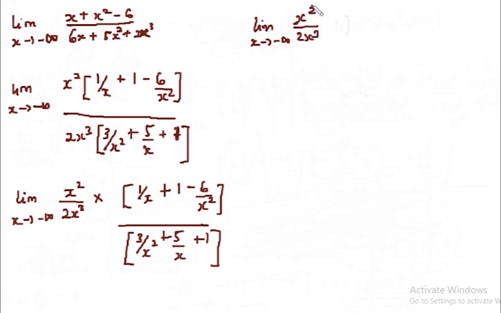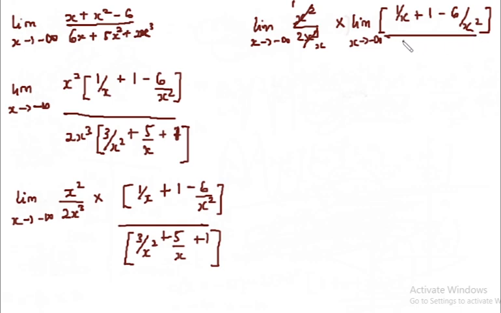I can break this down. This is 1, and then this is x, times the limits as x approaches negative infinity of 1 over x plus 1 minus 6 over x squared, divided by 3 over x squared plus 5 over x plus 1. So from here, I'll take the limits already. If I take the limits here, remember I have 1 over 2x here.